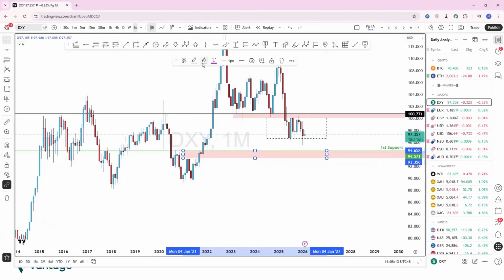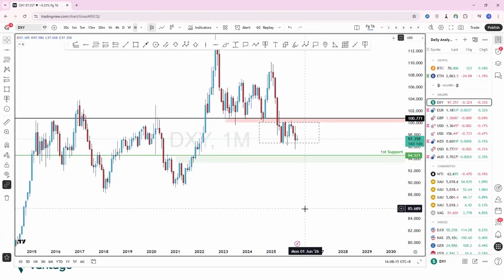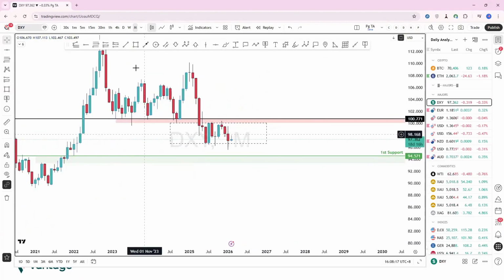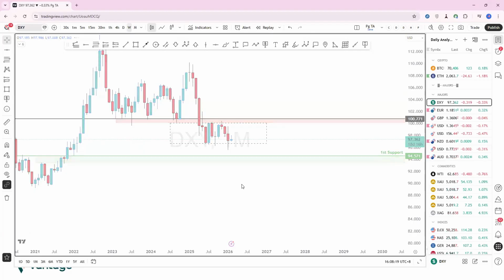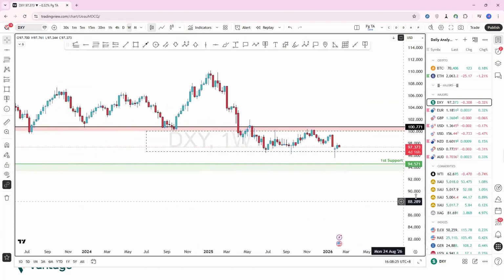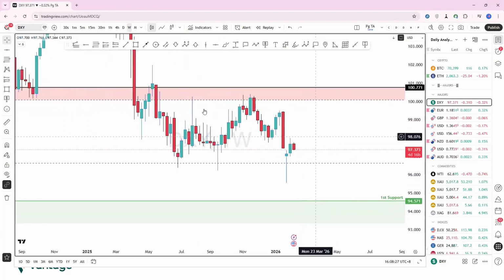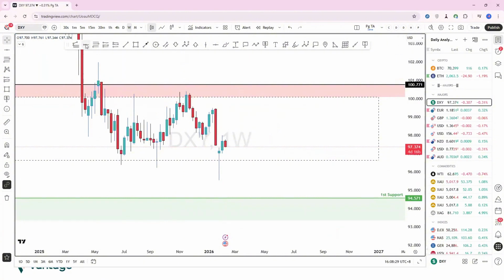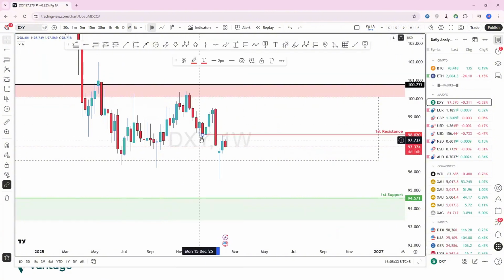This is for the long term. But for the short term, you're going to see it as bullish. On the weekly, price has been rising. This is the first resistance level for the weekly time frame.